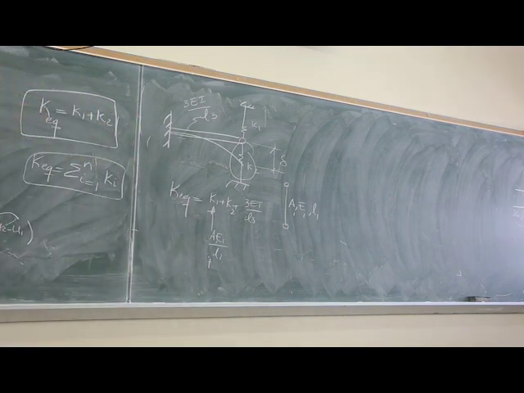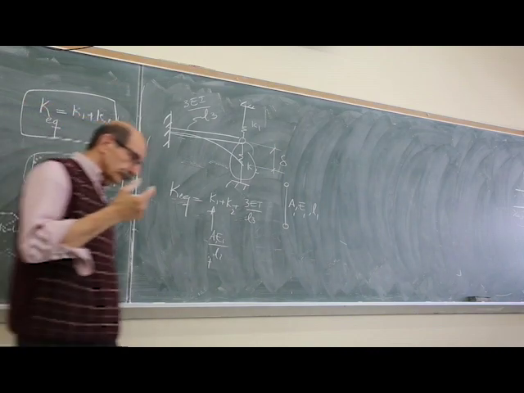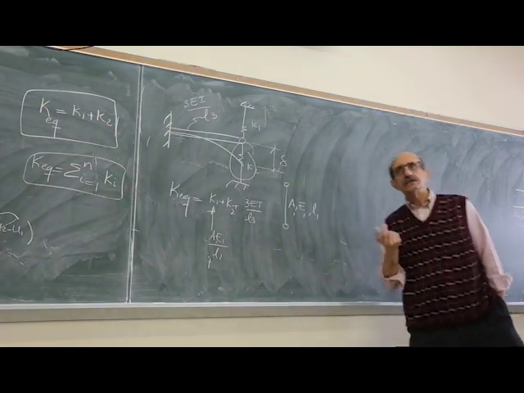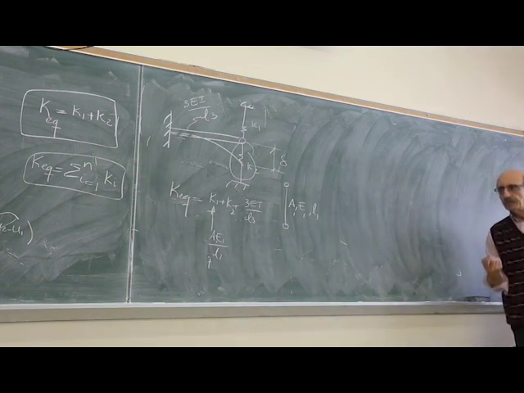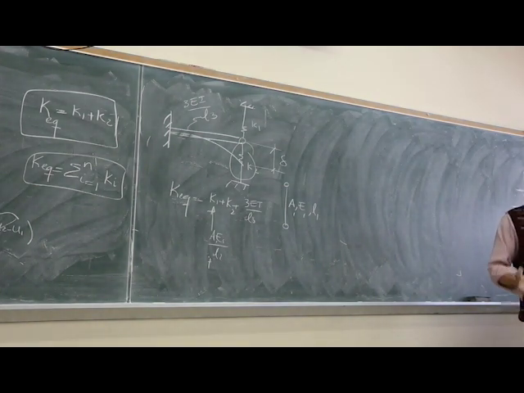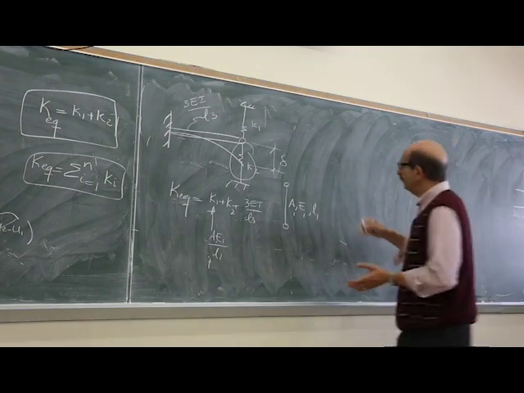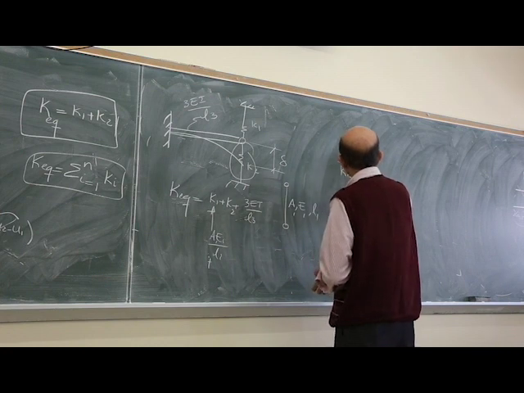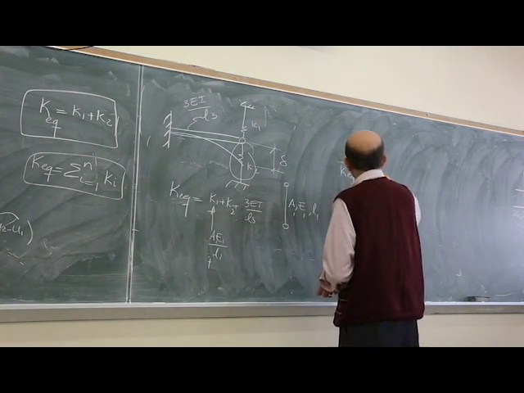Why is this so important? Think about, for instance, if you cannot detect the fact that you have a system with all these supports, but it happens that all these supports and their configuration is such that, in fact, they're in series, okay? So you want to find the equivalent stiffness, right?